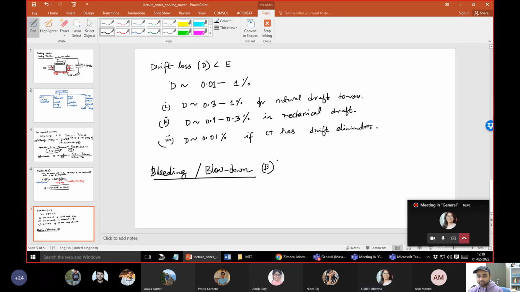Yes, sir. So what do you think? Make a guess. Essentially this blow down. Maybe it is related to reduction in the velocity. Of what? Air or water? Air. Okay, not really. Anybody else?